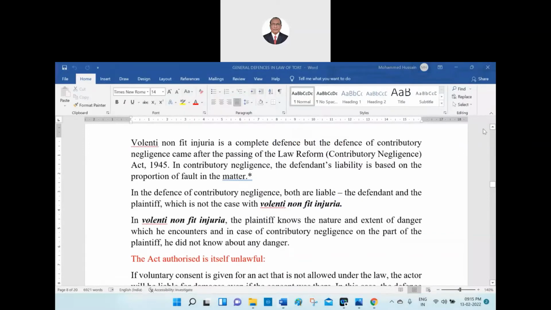Okay. Now, if contributory negligence is there, suppose there is 20% contributory negligence. That means out of 100, 20 will be deducted and 80 will be paid to you, because your contribution to the negligence is 20%.